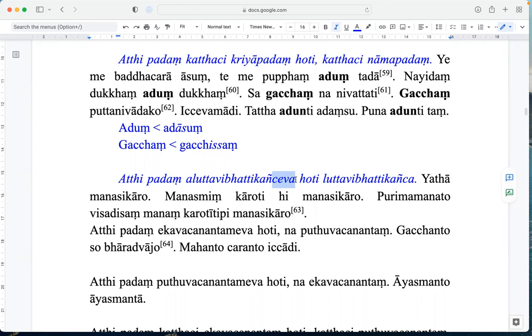What about va? What is the use of va? Va is just or, but sometimes va also has the meaning and. Like in the grammar, Kaccayana sometimes uses va, and the translation is actually and.